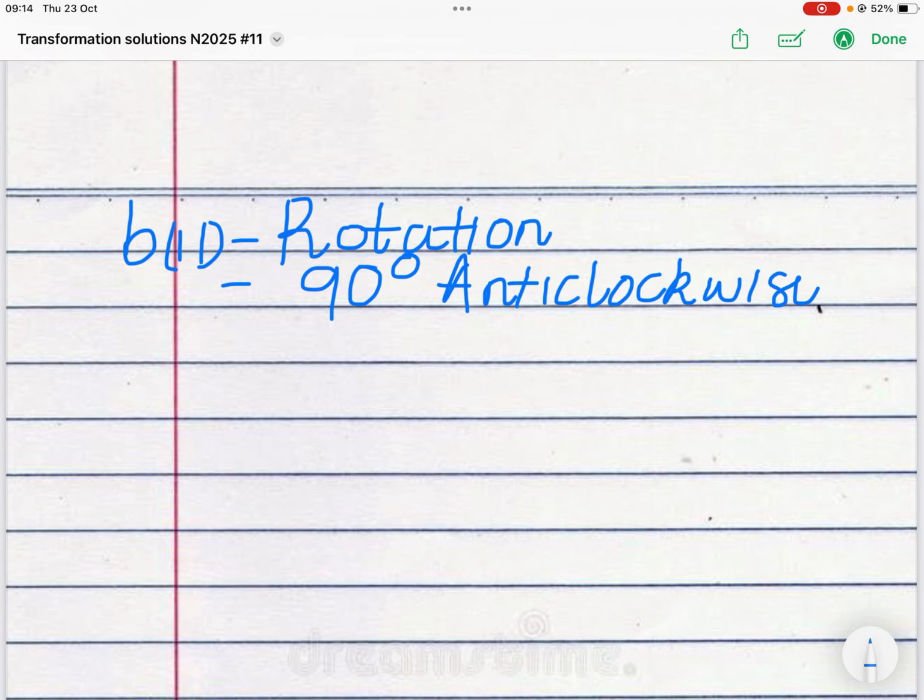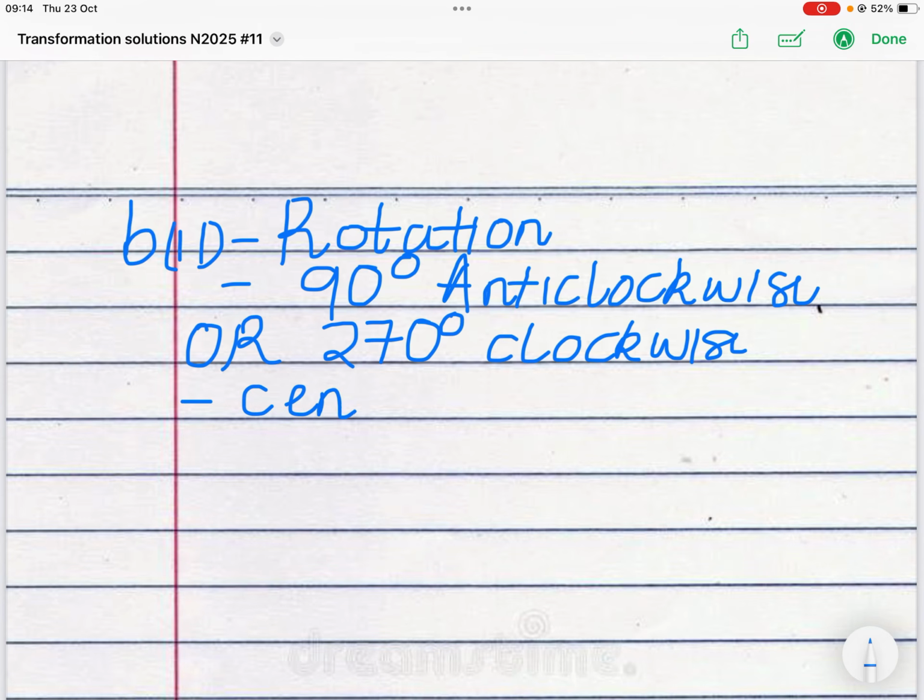Either you write 90 degrees anti-clockwise or you write 270 degrees clockwise. These two are accepted as one description. And also, we need to provide the center of rotation.